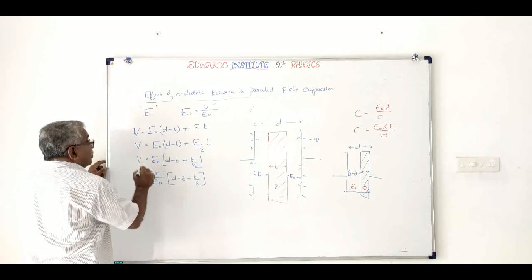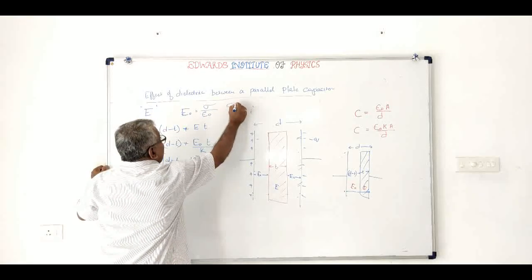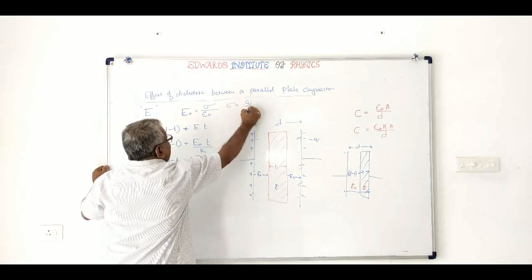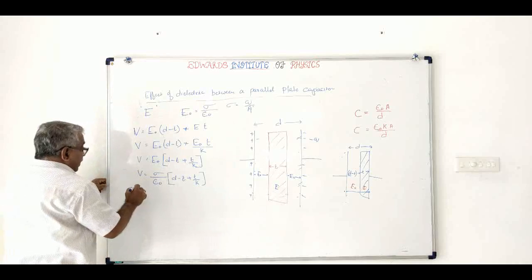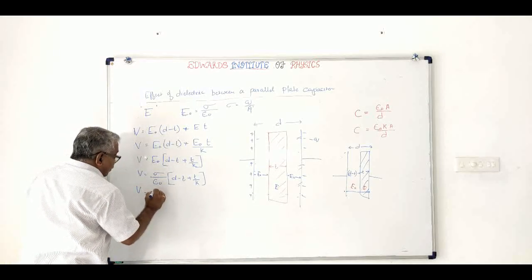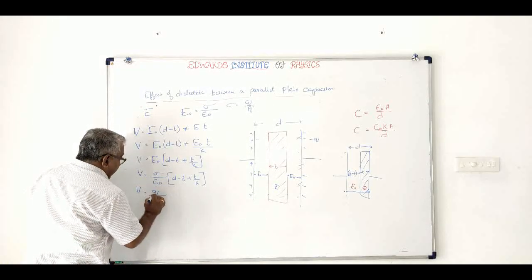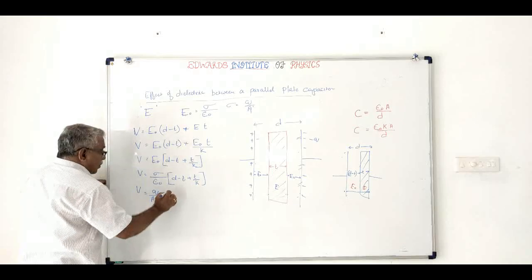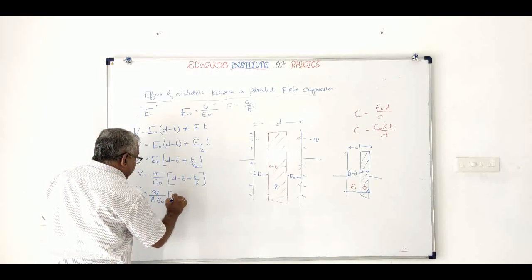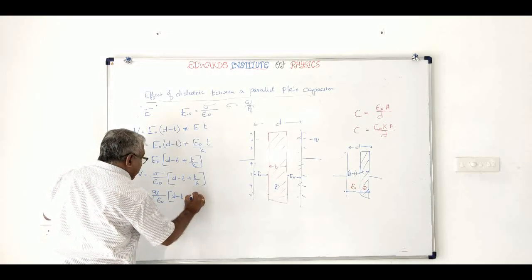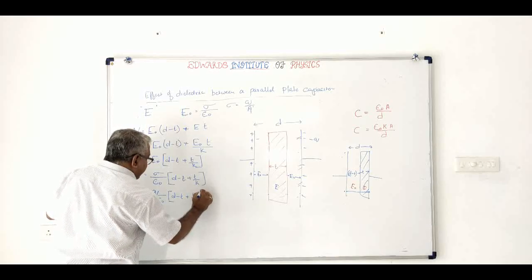Now what is sigma? Sigma will be equal to Q by A. So I am putting it, V will be equal to Q by A epsilon 0 into D minus T plus T by K.